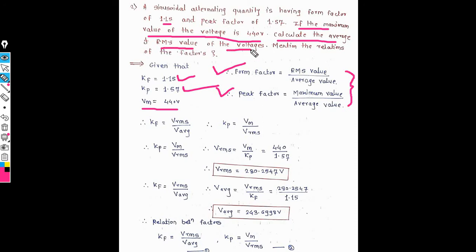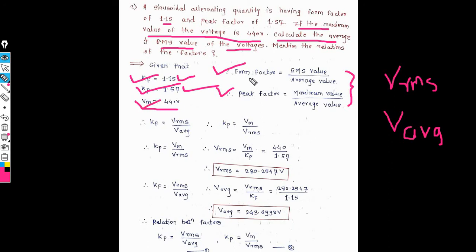That means we have to calculate first VRMS, that is the RMS value of the voltage, and calculate the average value of voltage with the help of form factor, peak factor and maximum voltage.